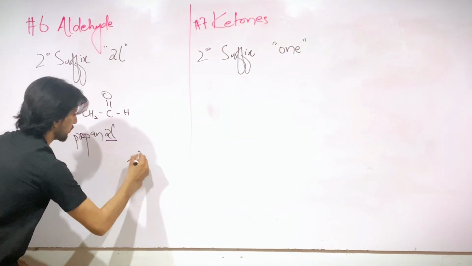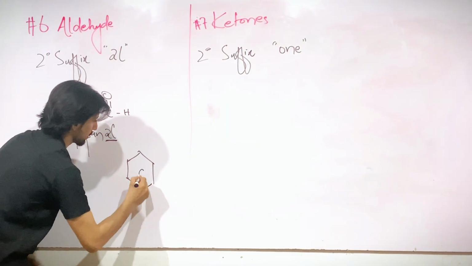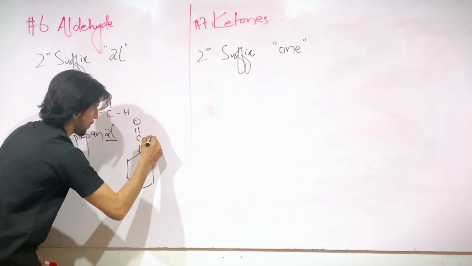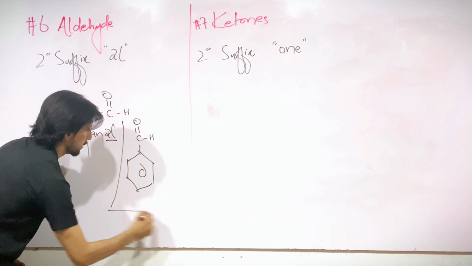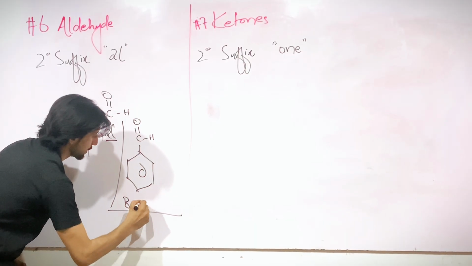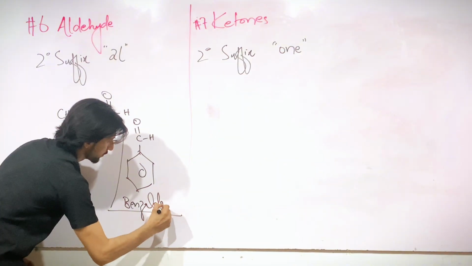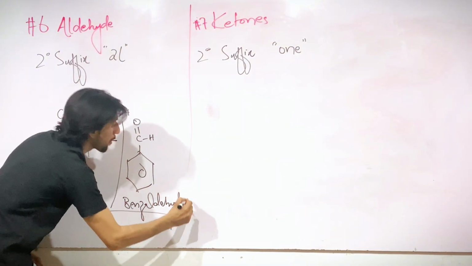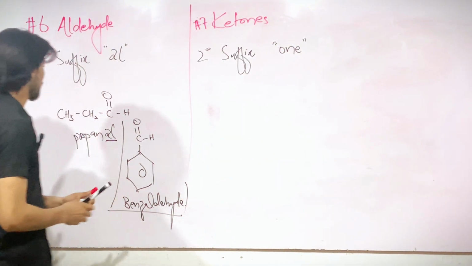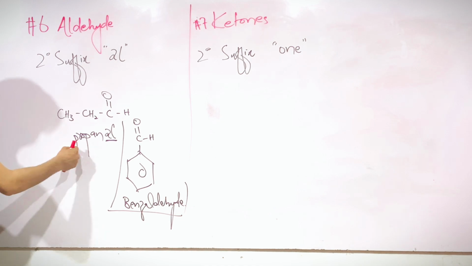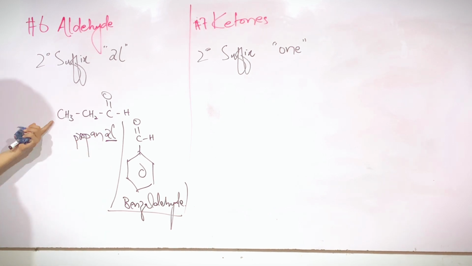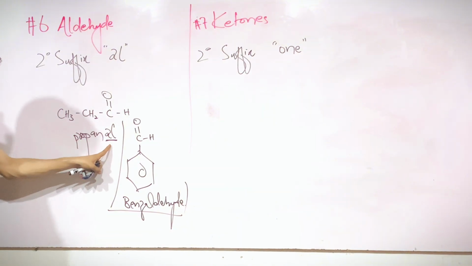So what will be the name of this compound? It is called benzaldehyde. Now we learned that for a normal aldehyde we use al at the end of the name.